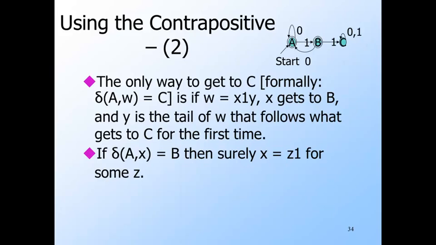Thus x must be of the form z1 for some z. Thus w is really z11y, and we can conclude that if delta of A and w is C, then w is bad. That is, it contains 2 consecutive 1s.